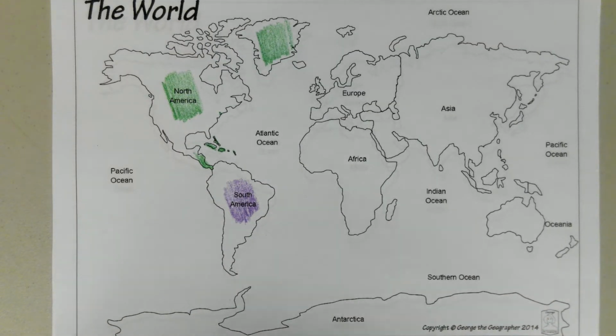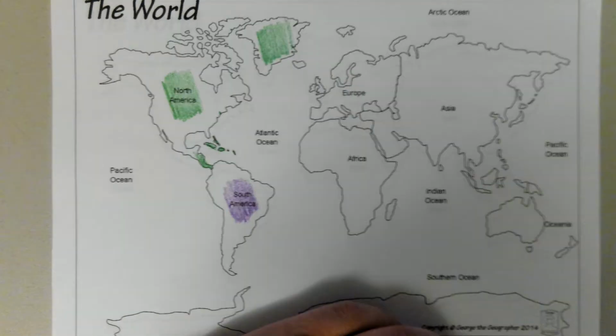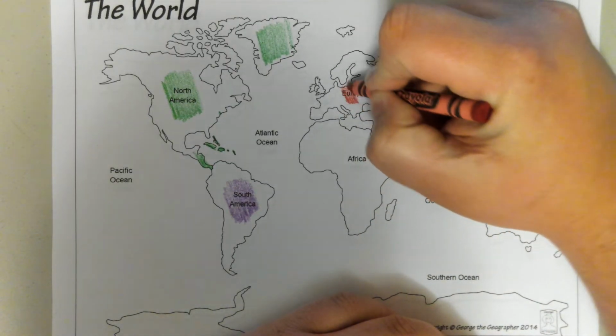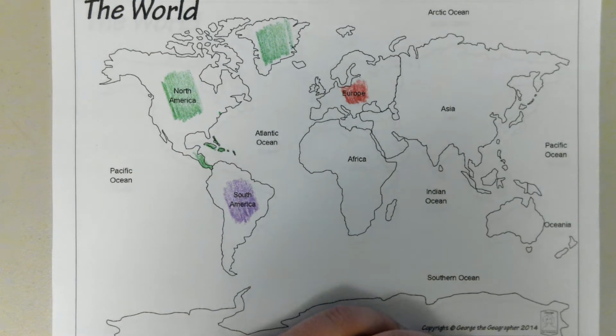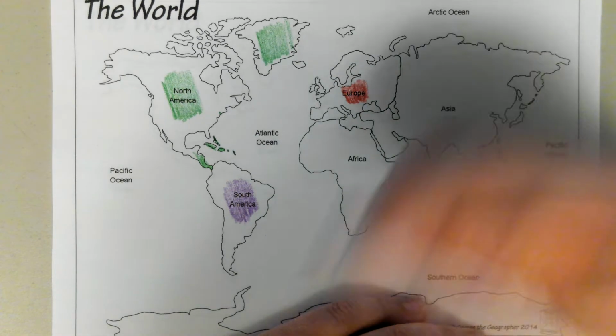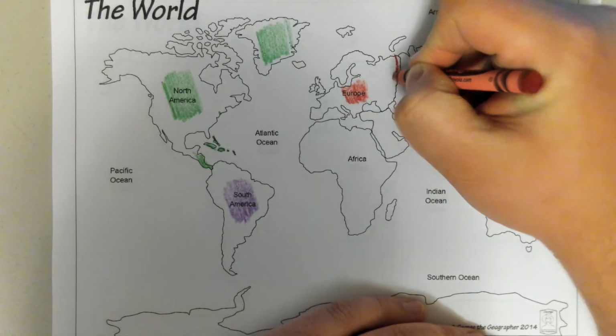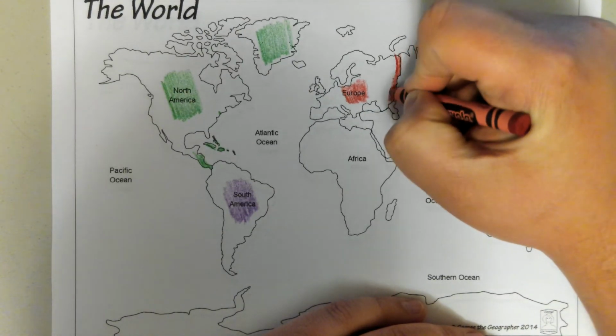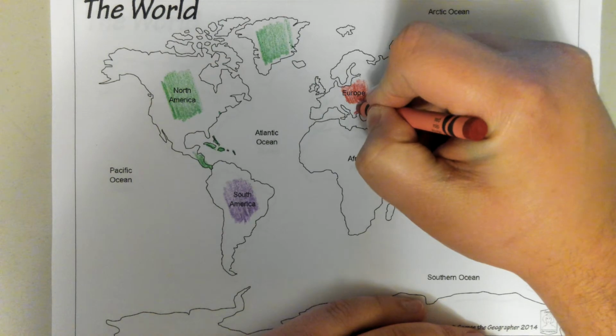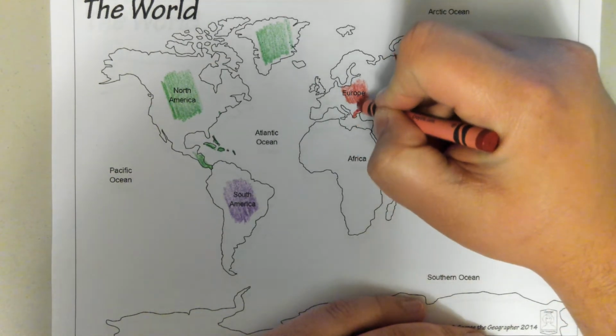The next continent I'm going to ask you to color is Europe. I'm going to have you color Europe with red. Now, Europe is one that I just need to go over and show you some parts of as well where the coloring should end. This black line here, that actually shows you the border between Europe and Asia. Okay?